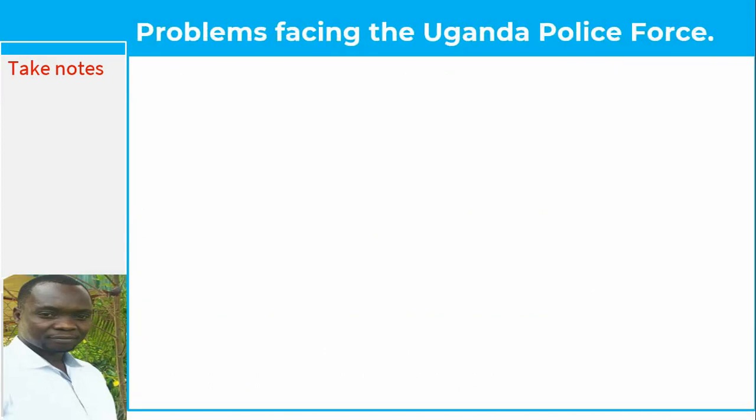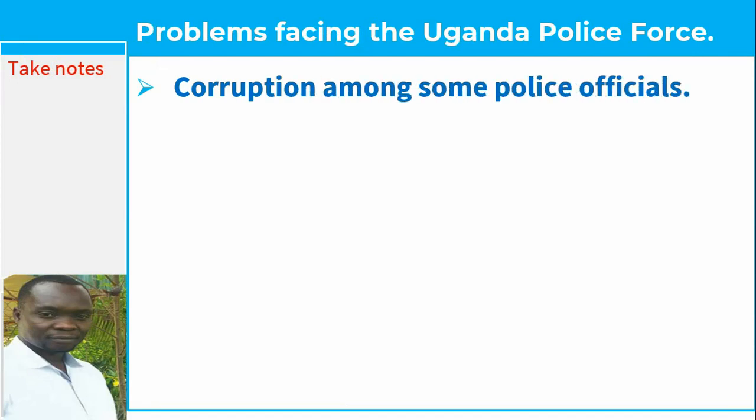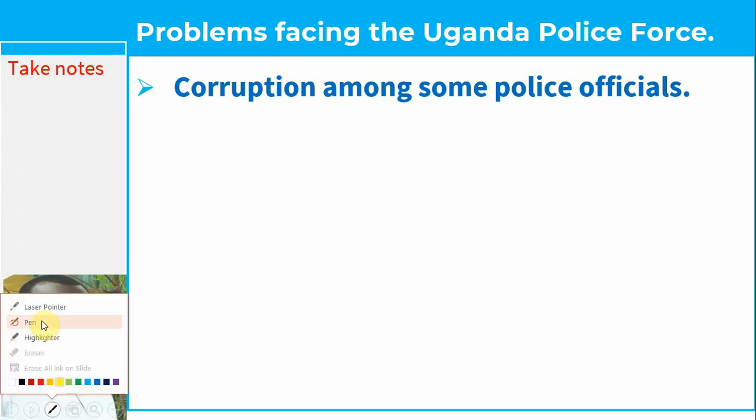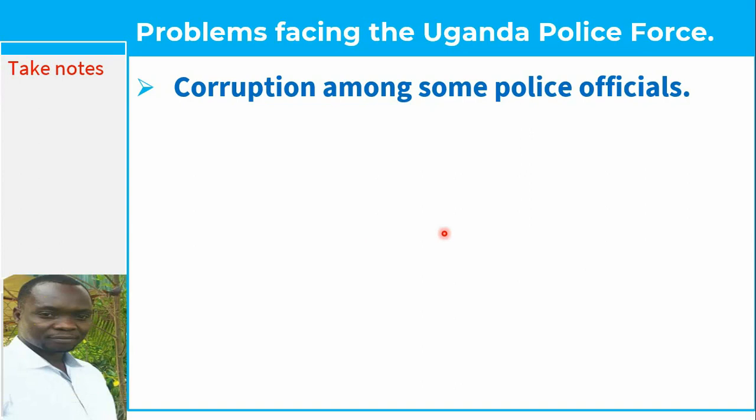So this is the time we are going to look at the problems facing the Uganda police. The first problem is corruption among some police officials. I want to emphasize this word here, some. It means that not all the police officials in Uganda are corrupt.